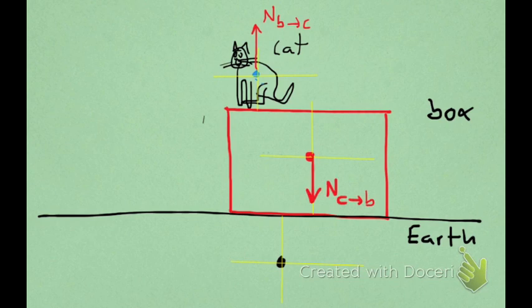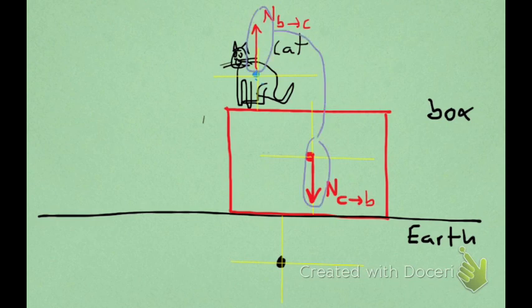The partner to this force is the force with which the cat pushes on the box. Since the box has to push up on the cat to hold its weight, the cat is obviously pushing back on the box. The direction of that force should be opposite to the force that the box pushes on the cat. So we're going to call that force the normal force that the cat puts on the box.